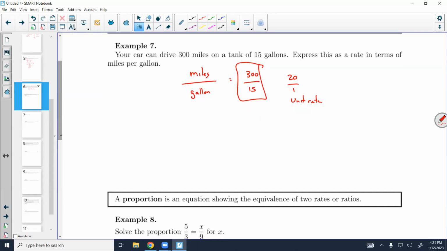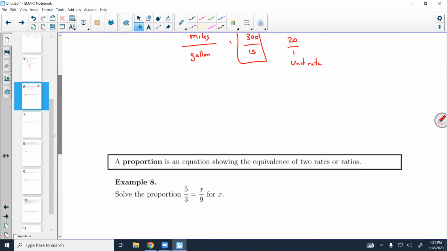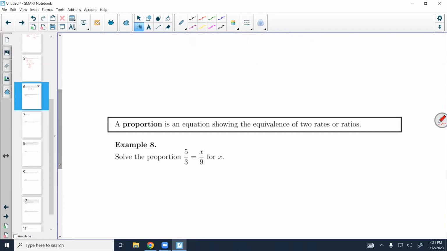A proportion is an equation showing the equivalence of 2 rates or ratios. So solve the proportion. 5 over 3 equals x over 9. Does anybody know how to solve these? You have 2 ratios equal to each other. Cross multiply.